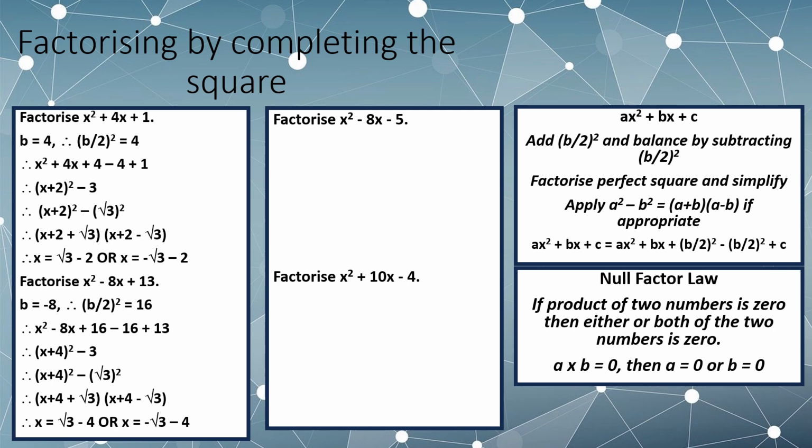Looking at a different example now, we have x squared subtract 8x take 5. So b is equal to negative 8. Therefore, once again, our b over 2 squared will equal 16. Placing that into the equation, we have x squared subtract 8x plus 16, take 16, subtract 5.